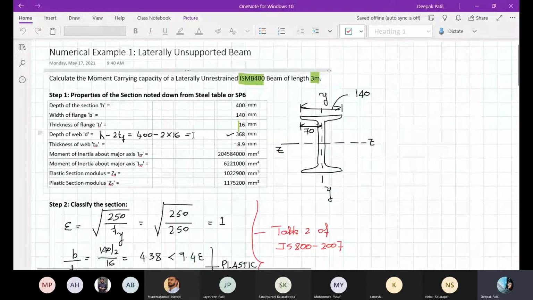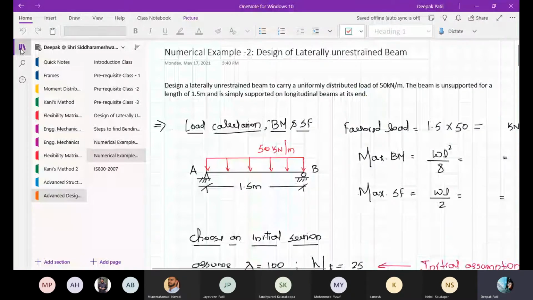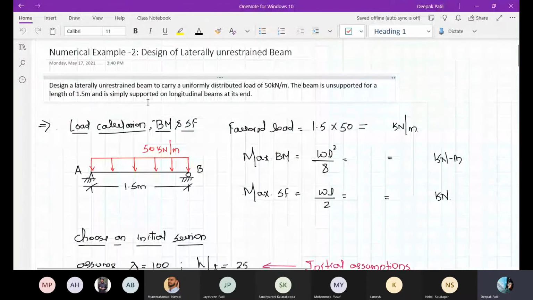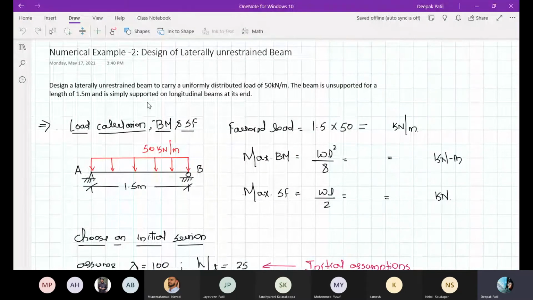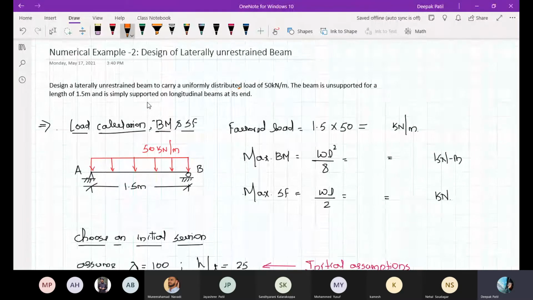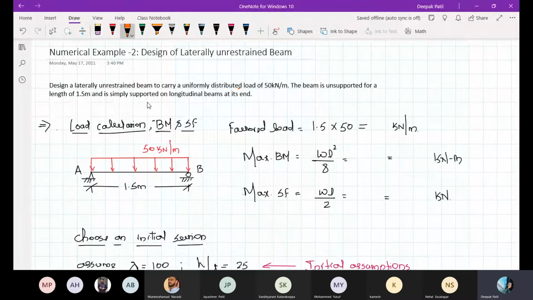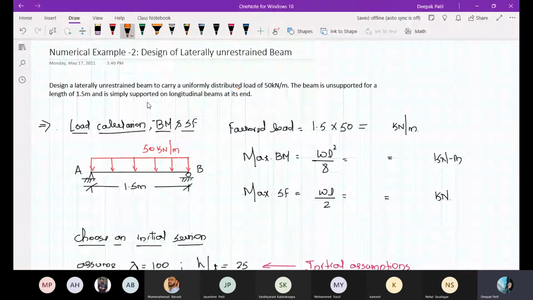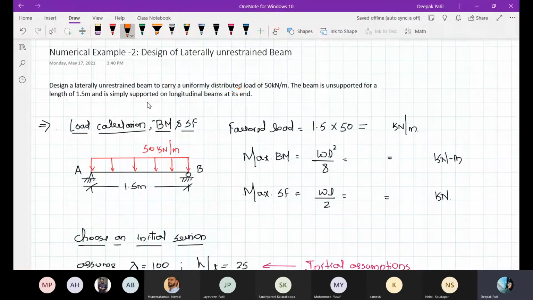Now we'll see one more numerical example, called a design type of example. The problem statement is: design a laterally unrestrained beam to carry a uniformly distributed load of 50 kilonewton per meter. The beam is unsupported for a length of 1.5 meters and is simply supported on longitudinal beams at its ends.